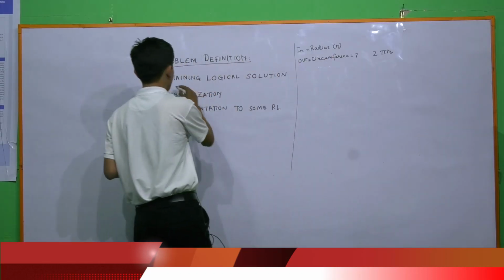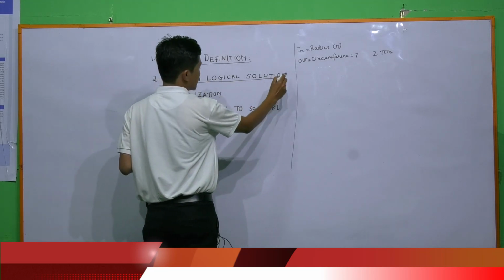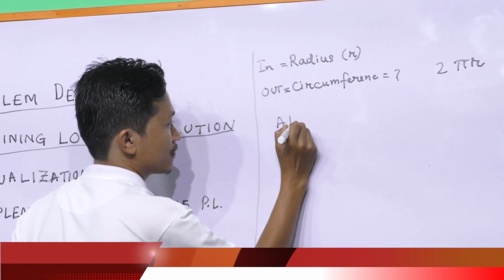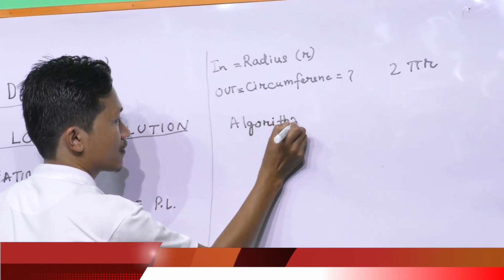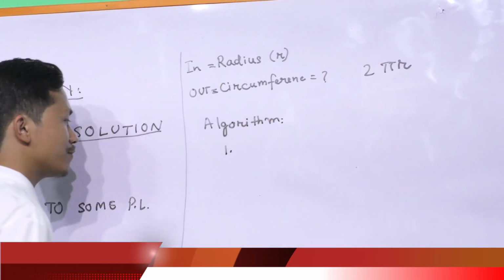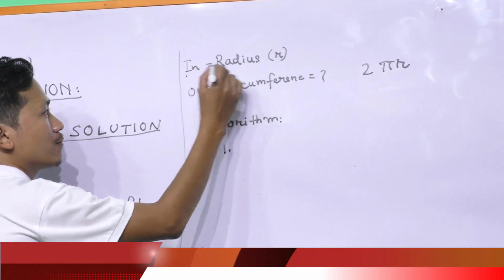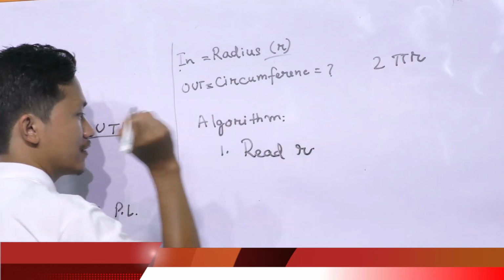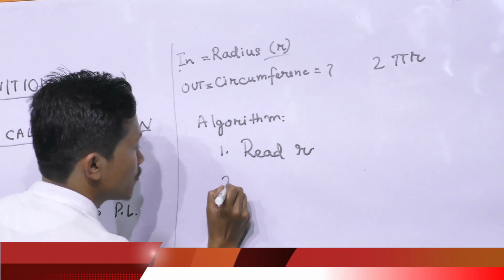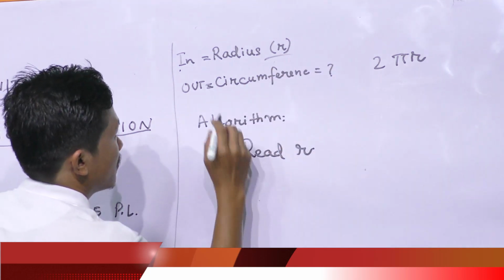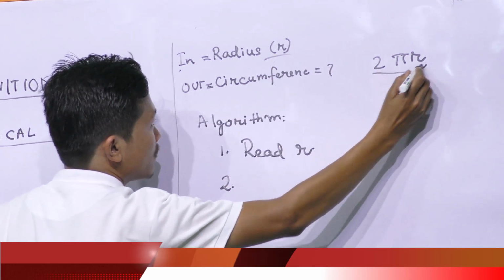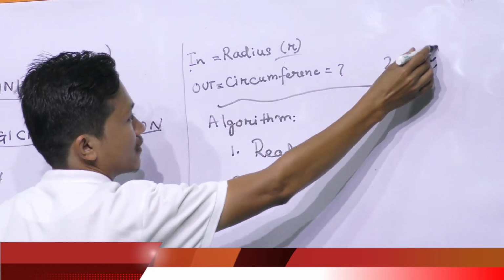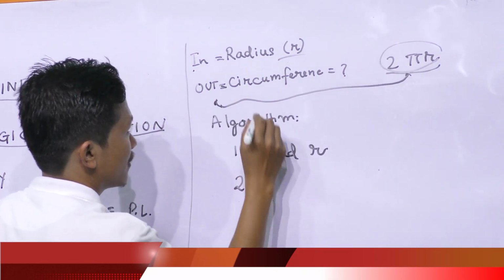So we have to obtain the logical solution in terms of step-by-step sequences, which means the algorithm. So what is the algorithm? In the first step, we have to read the value of the radius r. In step number 2, we have to calculate this value and assign the value of this expression into some variable called circumference.